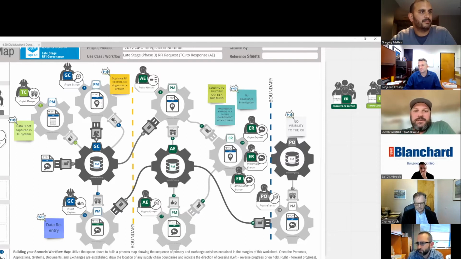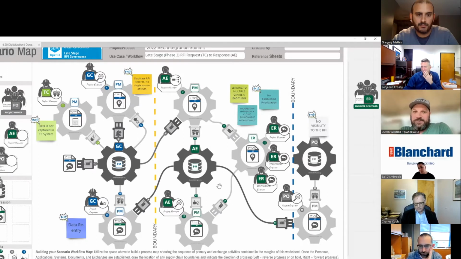So ideally you're entering it only into one system, and either all the things that happen in that one system get pushed back into your own, let's say you're the trade contractor system, or you maintain access to a certain part of that system. So it's really just the access level that was a major, simple but major thing. You don't want to lose access to it. Without worrying about that, I think a lot more people would just jump into the main system of record. Makes a lot of sense.